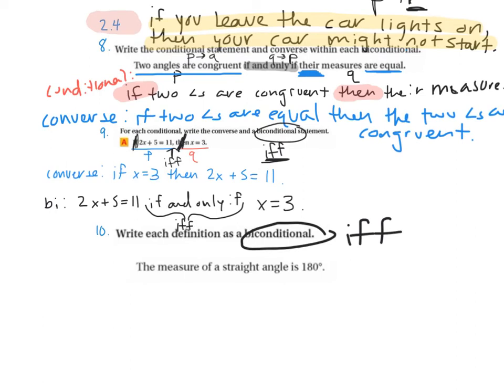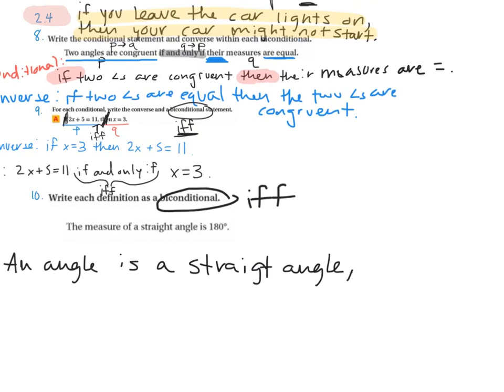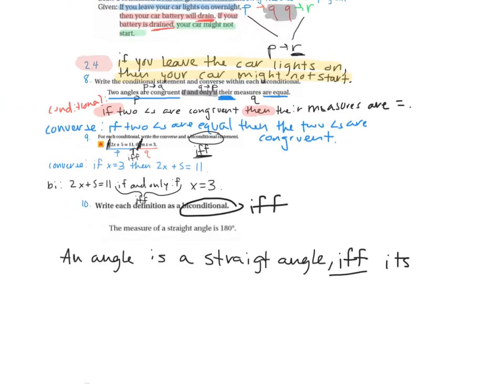So we could state our biconditional as: an angle is a straight angle if and only if its measure is 180 degrees.